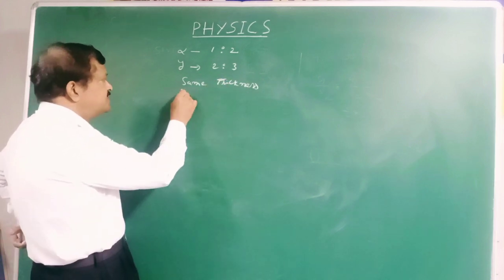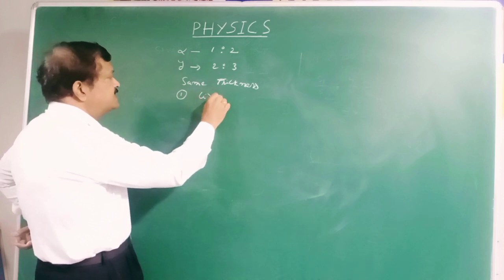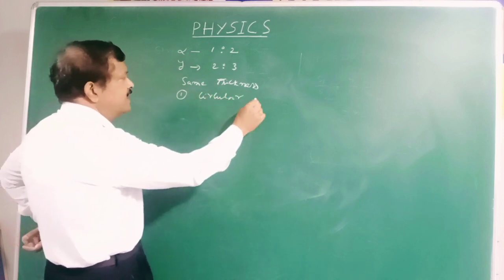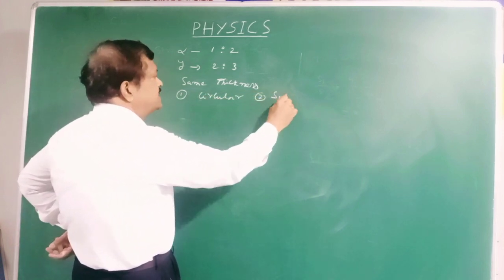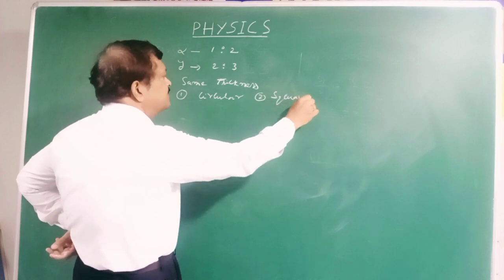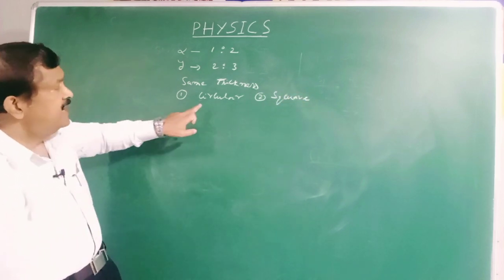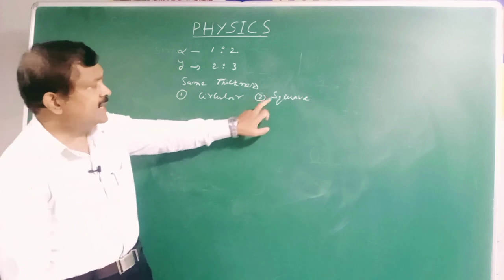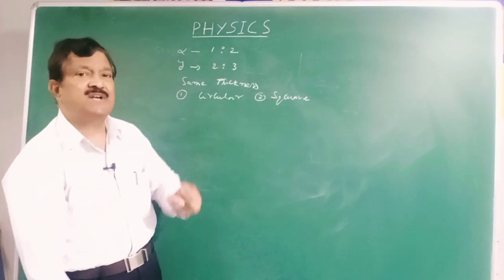But the first one has a circular cross section and the second one has a square cross section.